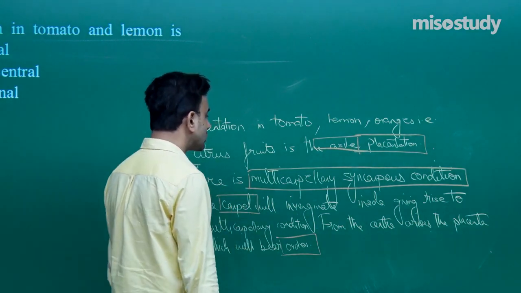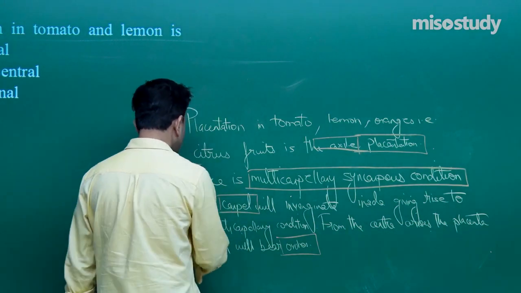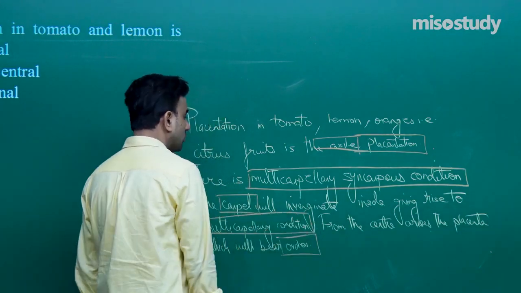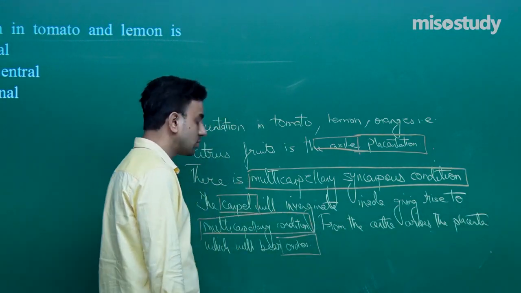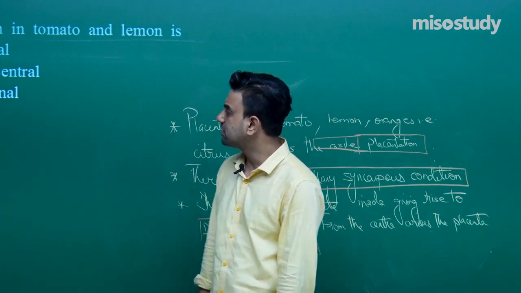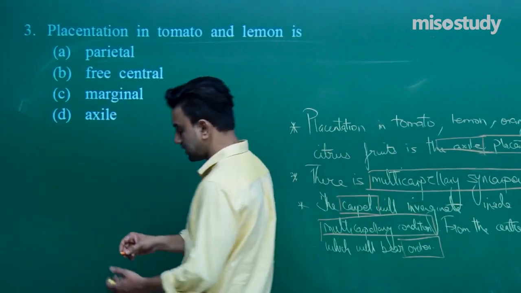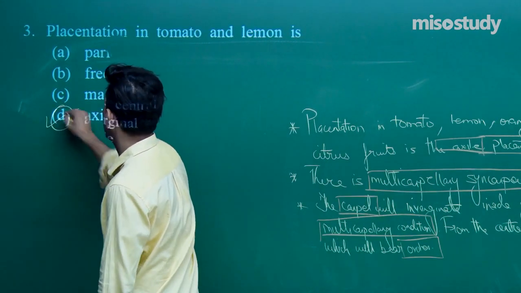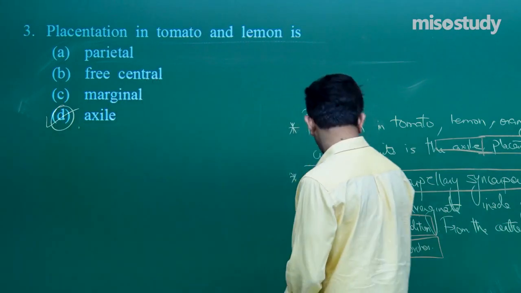The carpel will invaginate inside, giving rise to the multilocular condition. From the center arises the placenta which will bear the ovules. So, what we will see here is axile placentation.